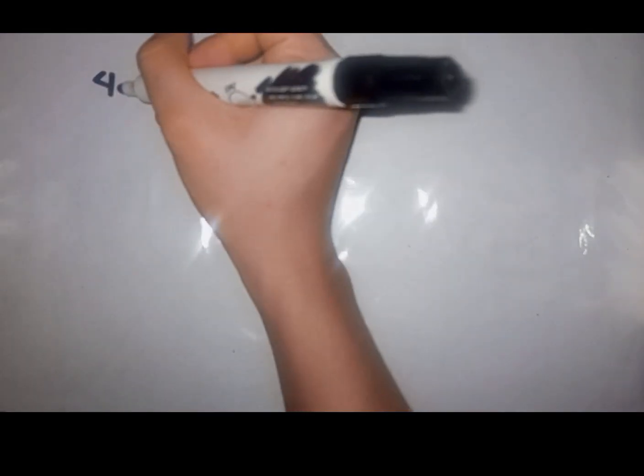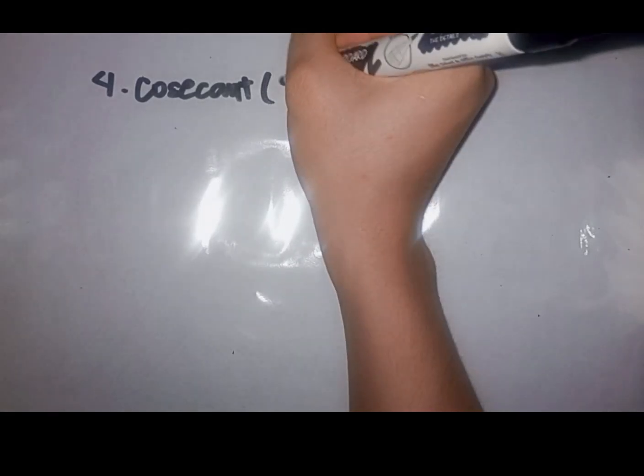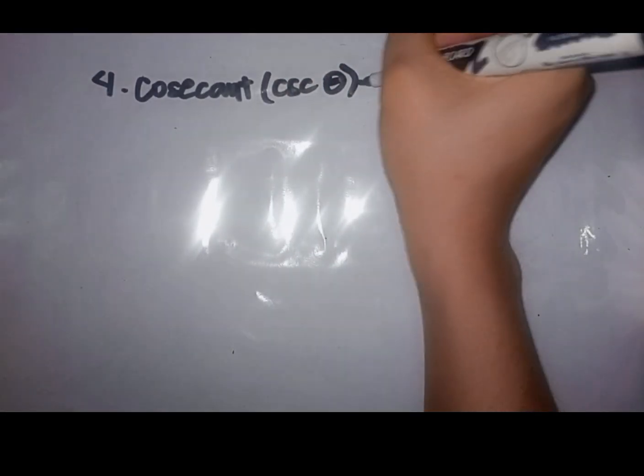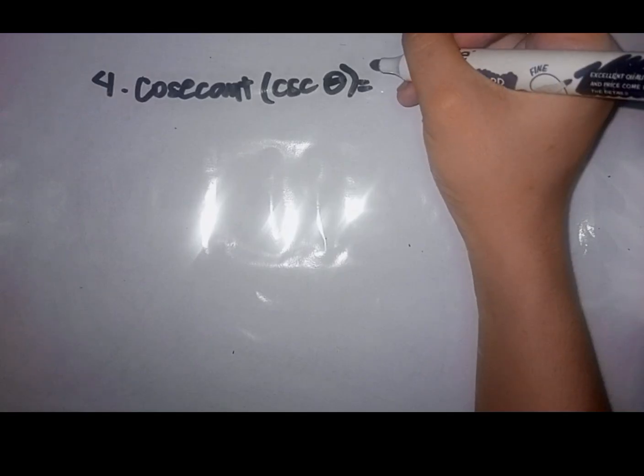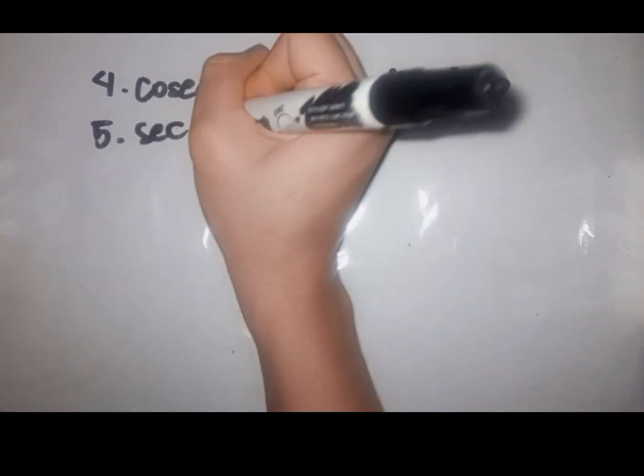for cosecant. CSC theta is equal to hypotenuse over opposite. Next is secant.